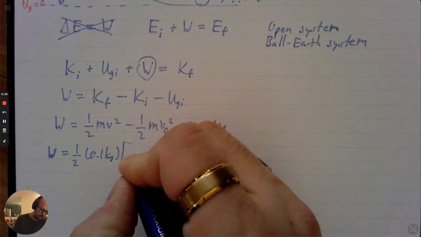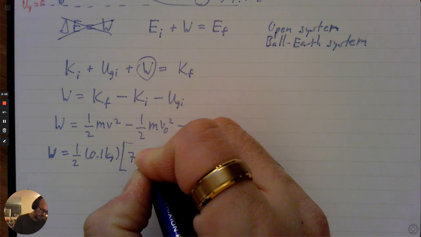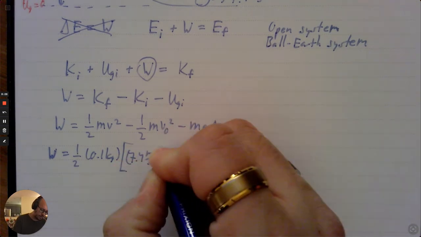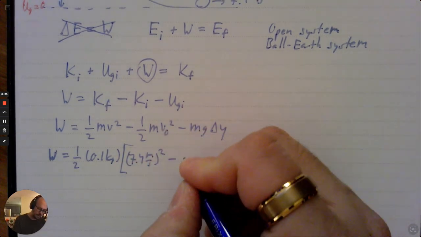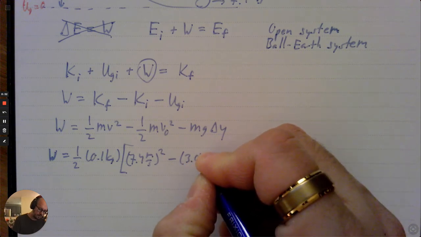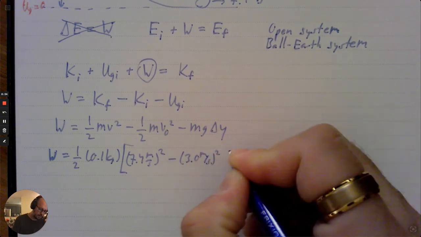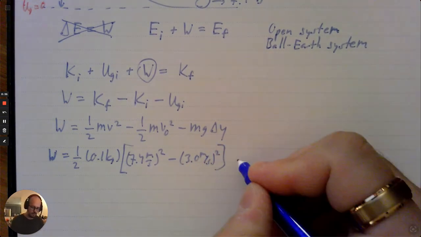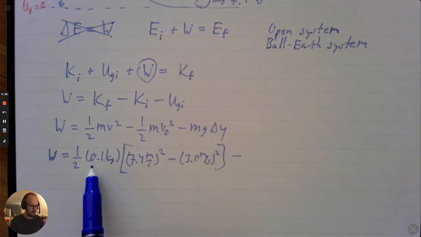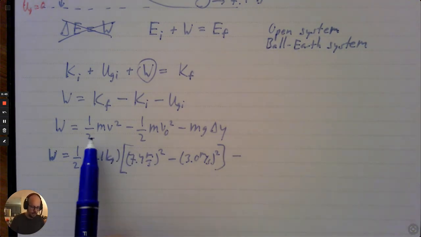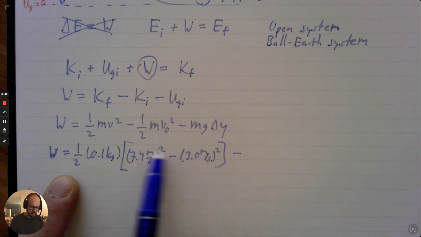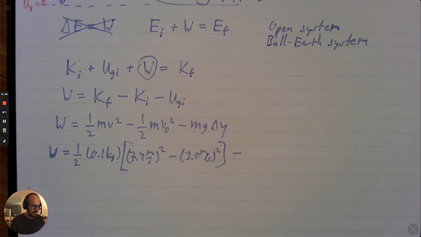So v squared is 7.4 meters per second squared, and then v naught is 3.0 meters per second squared. By combining these like terms, I save myself a little bit of writing, but this whole term is the change in kinetic energy.